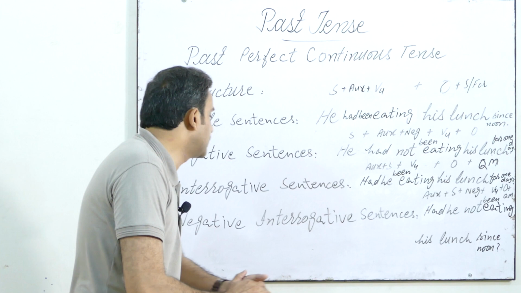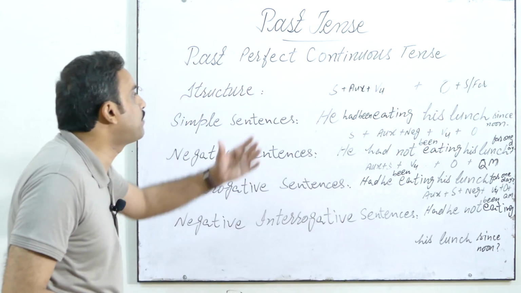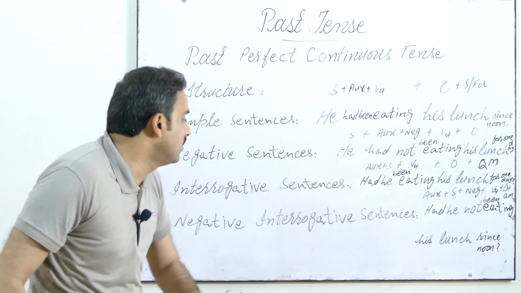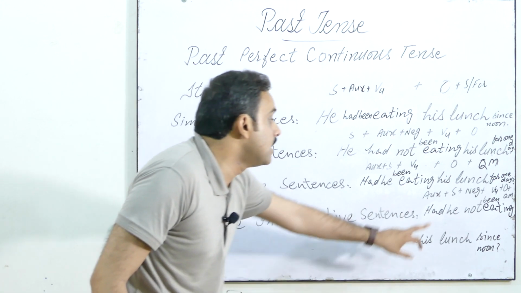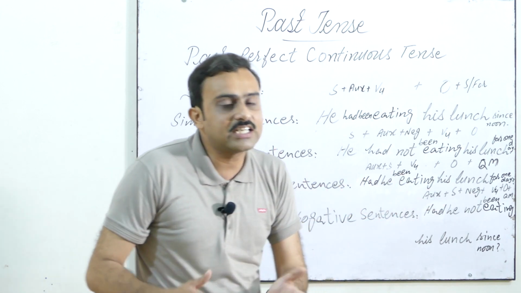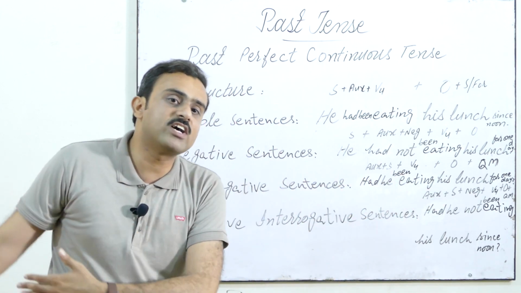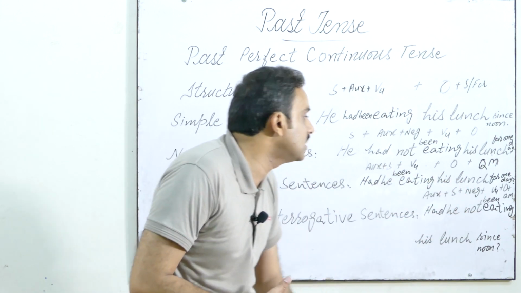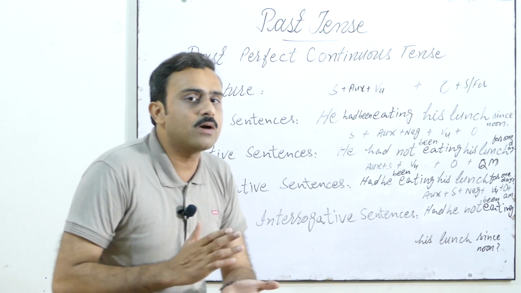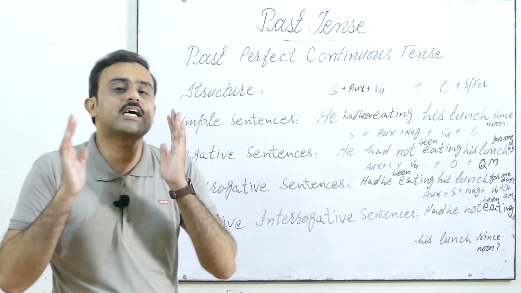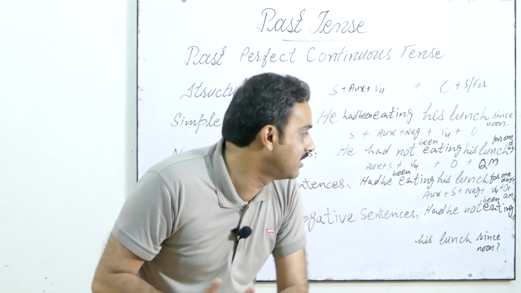Now we are moving towards the last category of past perfect continuous tense, and this one is negative interrogative sentences. In negative interrogative sentences, we use the auxiliary had at first before the subject, and then the subject, then the negation not, and then V4 present participle. I'm telling you this again and again just to make your concept clear.